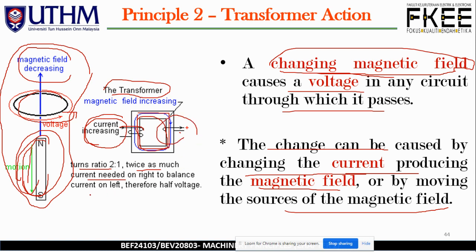So balance current on the left, therefore half voltage. This is why we call this phenomenon a step down transformer. Basically, this is how we induce the voltage.